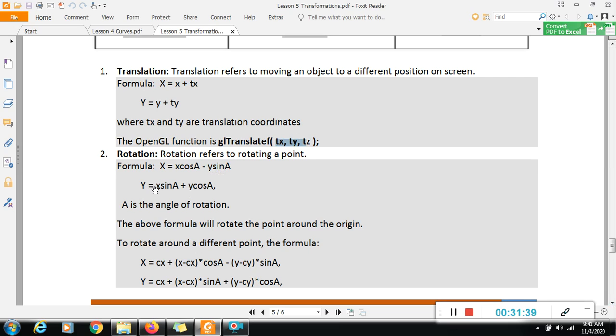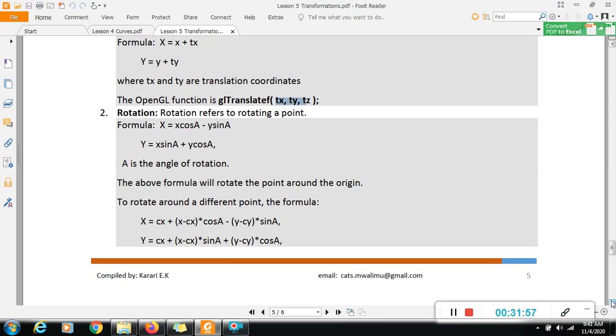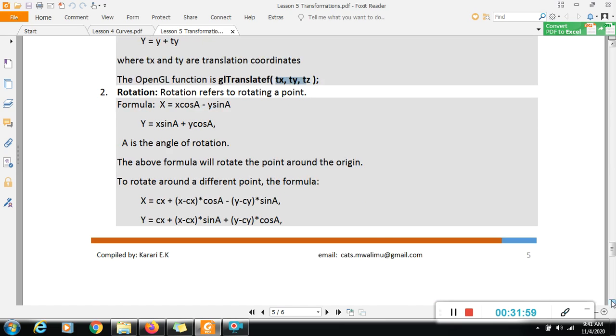For the y coordinate, you start with the sine of angle A multiplied by x, and add that to the cosine of angle A multiplied by y, and you get the value of the y coordinate.